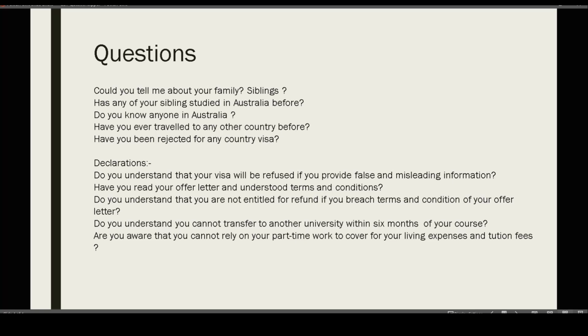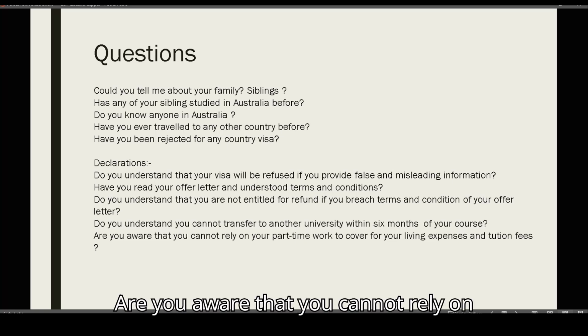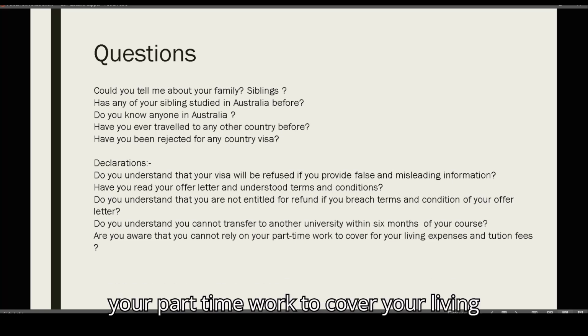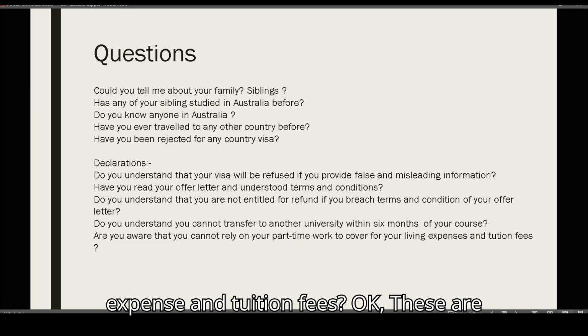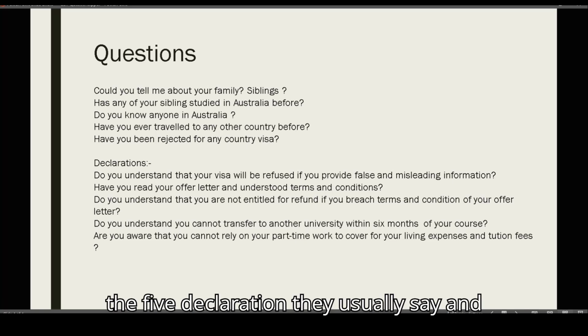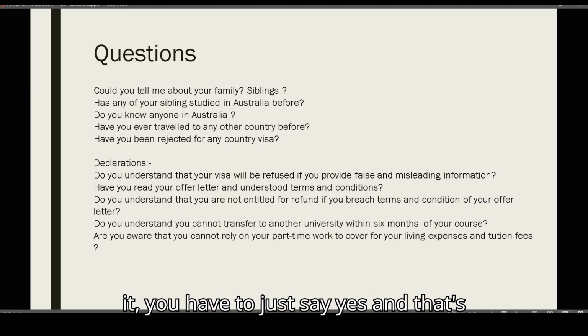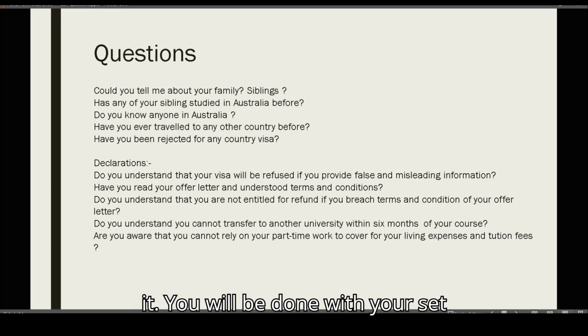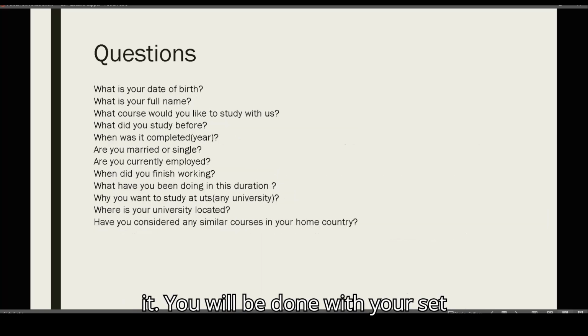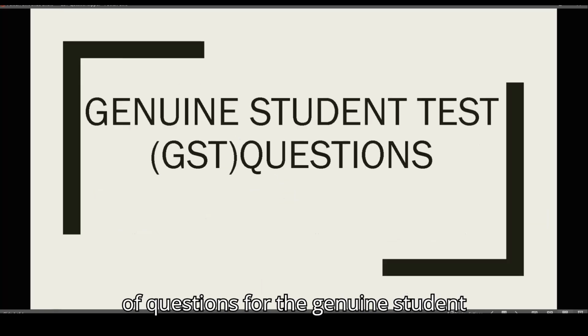Obviously. Are you aware that you cannot rely on your part-time work to cover your living expenses and tuition fees? Okay, these are the 5 declarations they usually say, and for all of them you have to just say yes, and that's it. You will be done with your set of questions for the genuine student test.